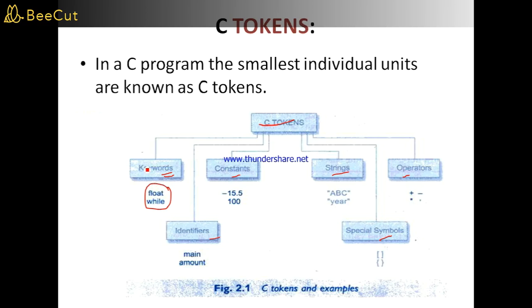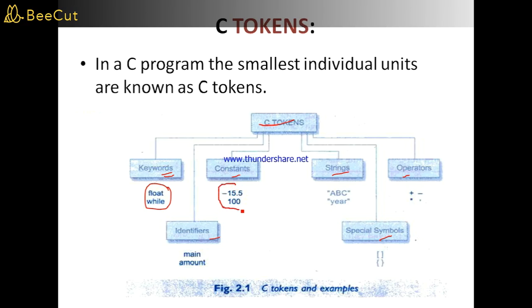There are some keywords. Keywords are nothing but reserved words that have some fixed meaning. Here two words are given: float and while. We cannot use them for any other purpose, they are only meant for a specific purpose. Those are keywords, also called reserved words.